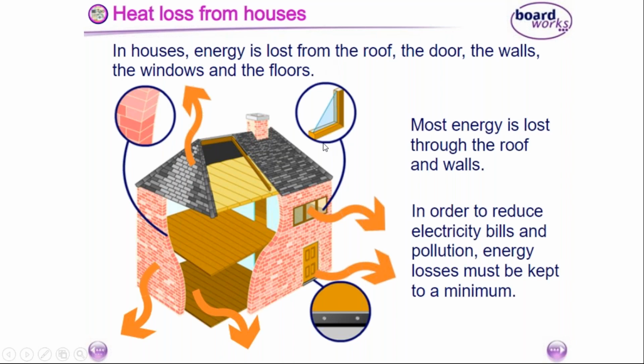Most energy is lost through the roof, because convection current is moving up, and the warmer air gets less dense and moves up. If you don't do anything here in the roof, the warmer air will escape from our house, it will continuously lose its energy, and we need to pay more electricity bill to make our house warmer.